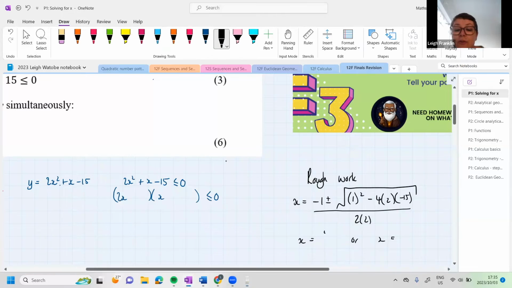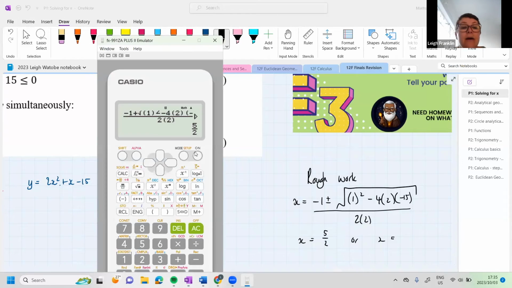So that's 5 over 2, and my second solution would be -3.